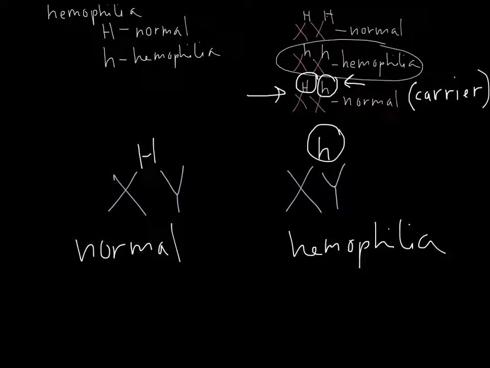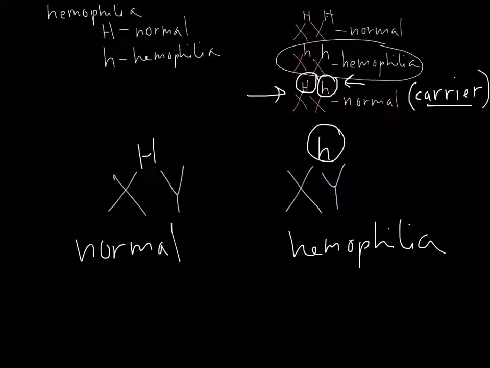So if you ever see the word carrier, it's talking about a heterozygous genotype because they're going to have the normal dominant trait, but they do carry that hidden recessive trait in their genes that they can pass down to their kids. So just some terminology you need to be familiar with.